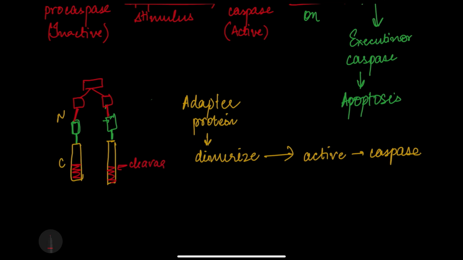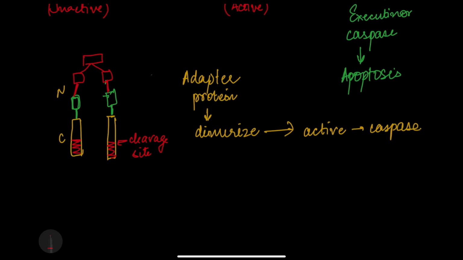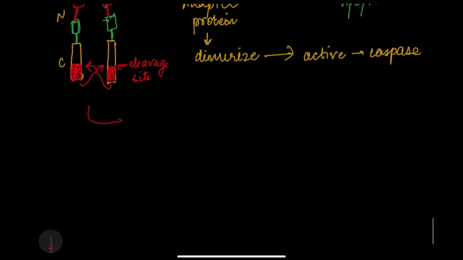As it dimerizes, this C terminal acts on this cleavage site and this one acts on the other cleavage site, and both of them cleave each other, right? As it cleaves, it comes upward and becomes like this.